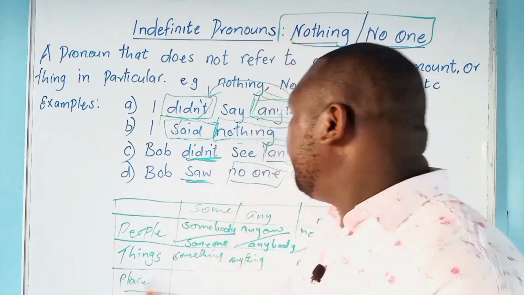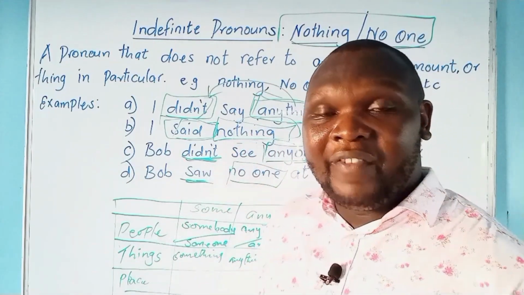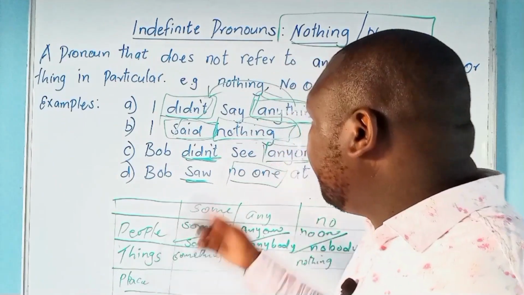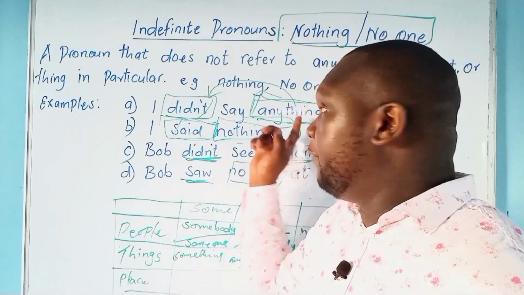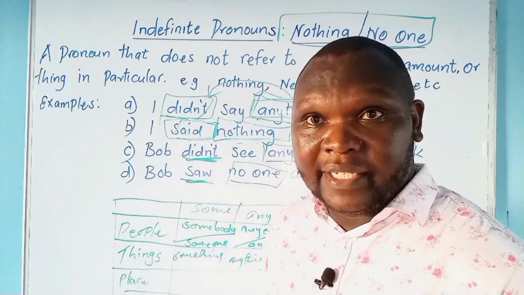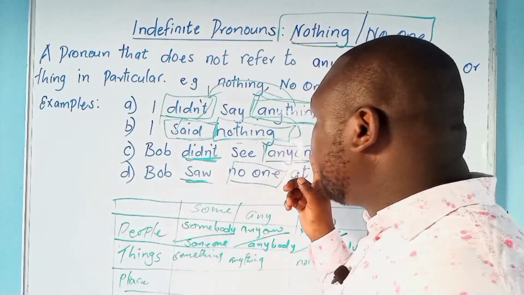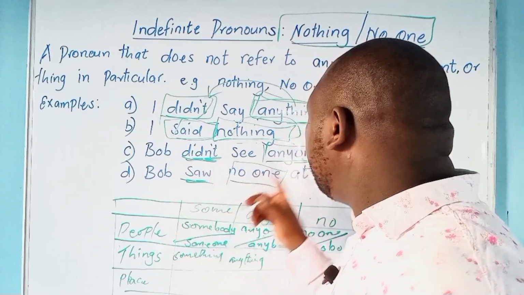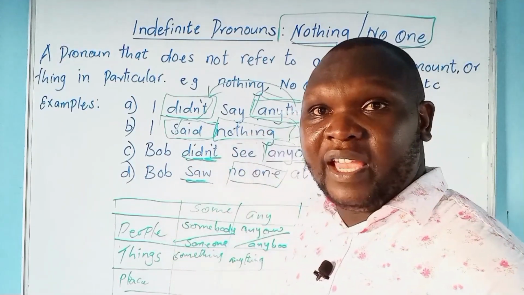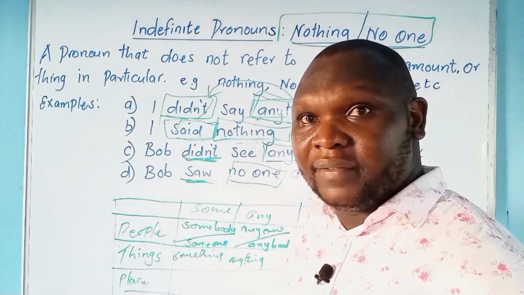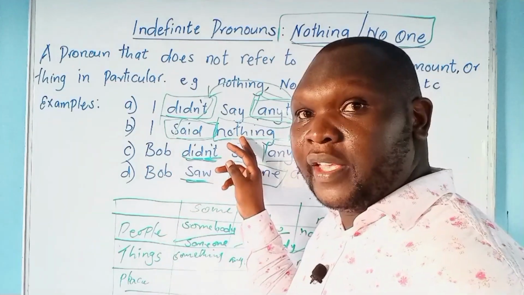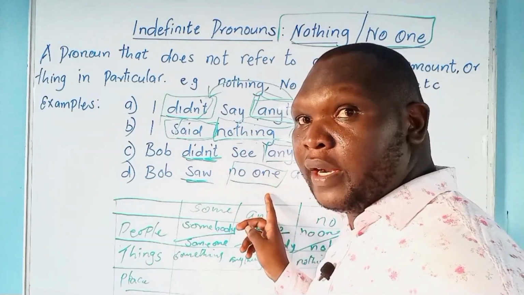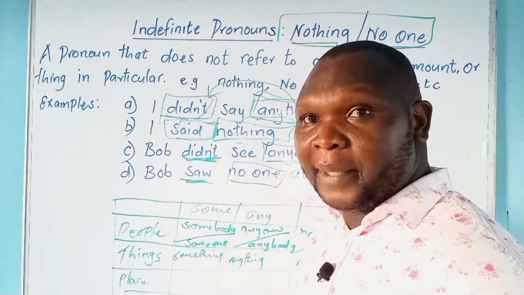I've given you some example sentences and said, use "anything" if the verb is negative, and use "anyone" if the verb is negative. So we use "anyone" and "anything" if the verbs are negative, and use "nothing" if the verb is affirmative, as well as "no one" if the verb is affirmative.